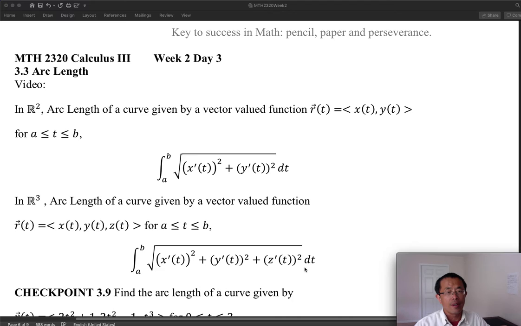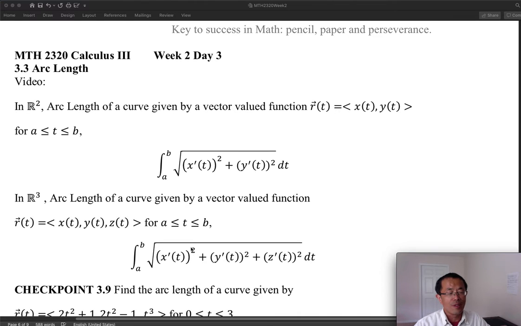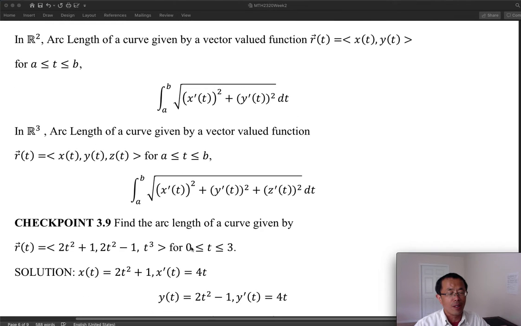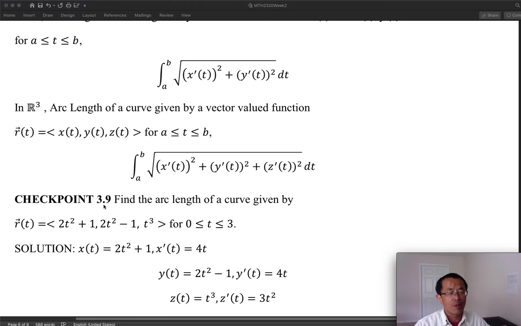This is the arc length formula. Again, it's really not new. It will serve as a very good review topic, not only for arc length, but also for some basic integration techniques, like integration by substitution.